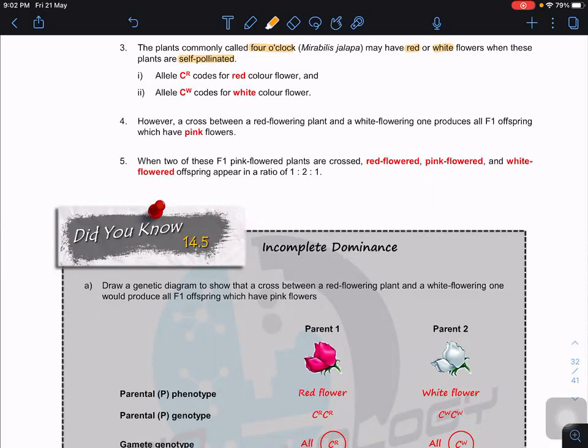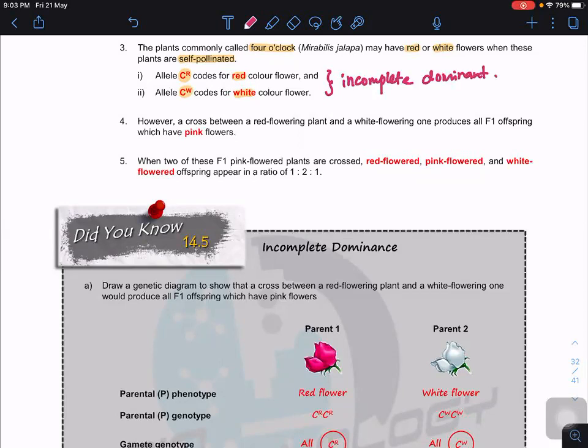Okay, so because of what? Because they are in homozygous conditions. So you can see that CR always codes for red color, CW always codes for white color, and they are incomplete dominant. So what is incomplete dominance?